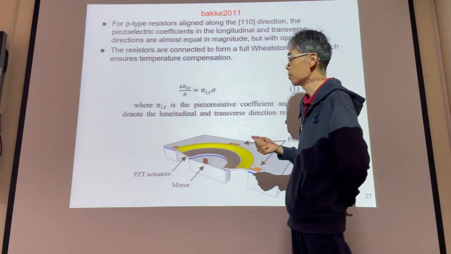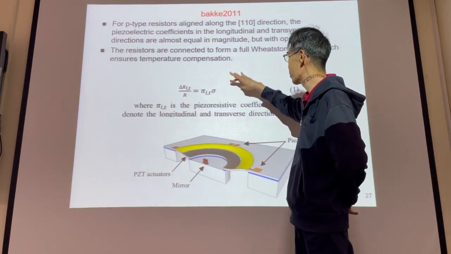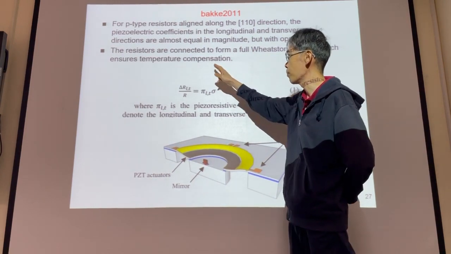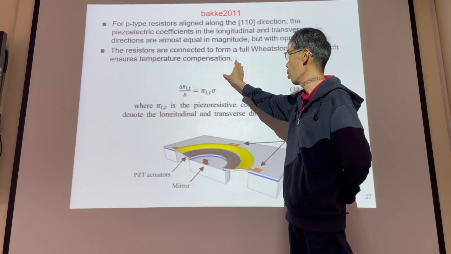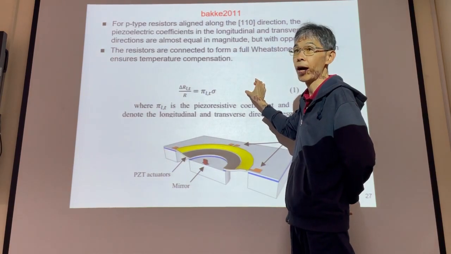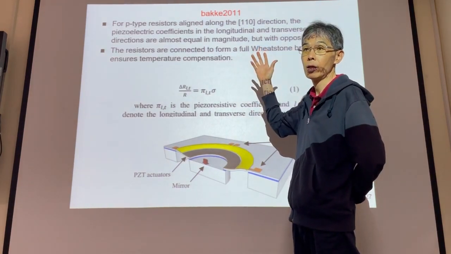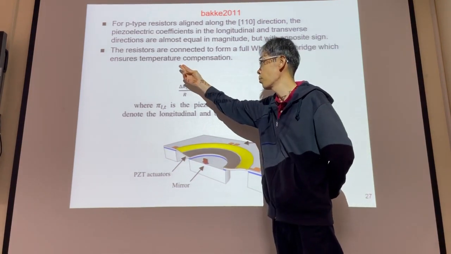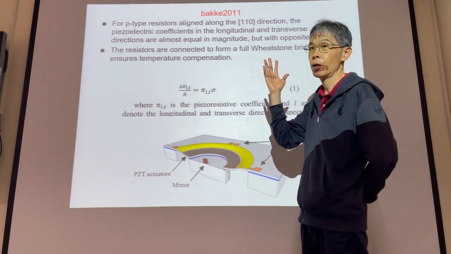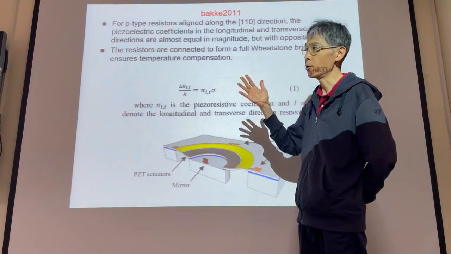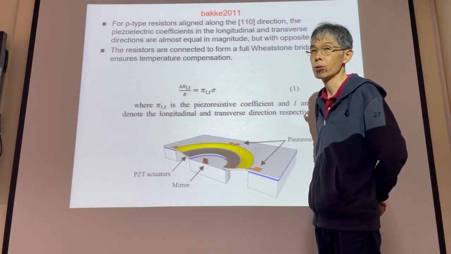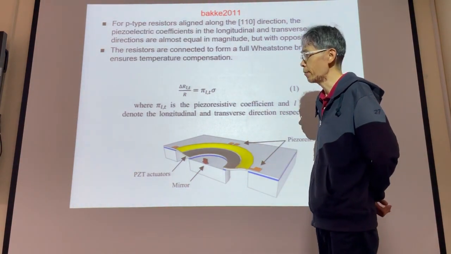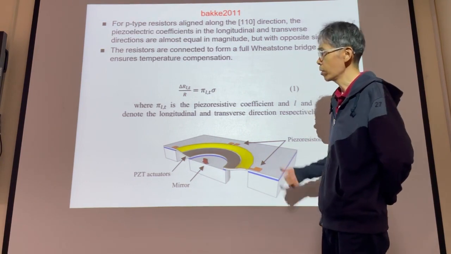And the thing is, if the temperature increases, all the R values increase together. So it is temperature isolation. We can isolate temperature effects if we use a Wheatstone bridge device. Okay, next page.